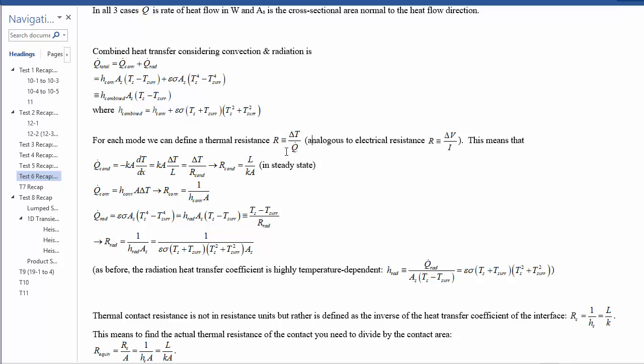If we have a number of elements in series, then the total combined resistance is the sum of the resistances of each individual part.